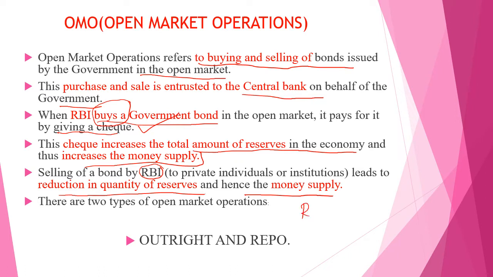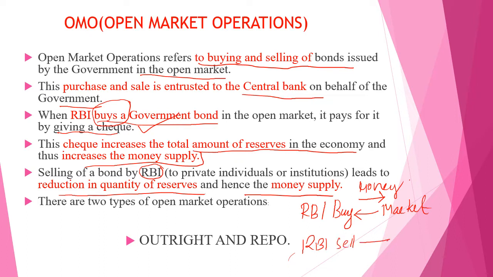So here we can write: Reserve Bank of India buys government bond, that means money injecting to the market. Next, Reserve Bank of India sells government bonds in the market.